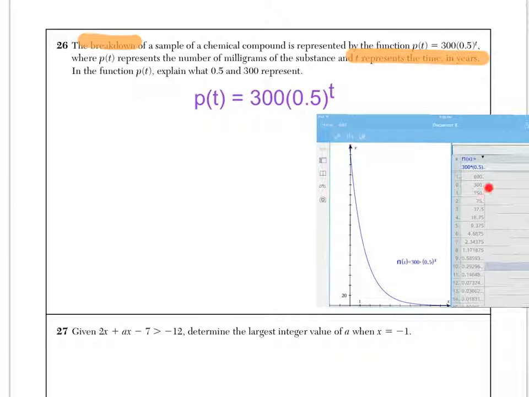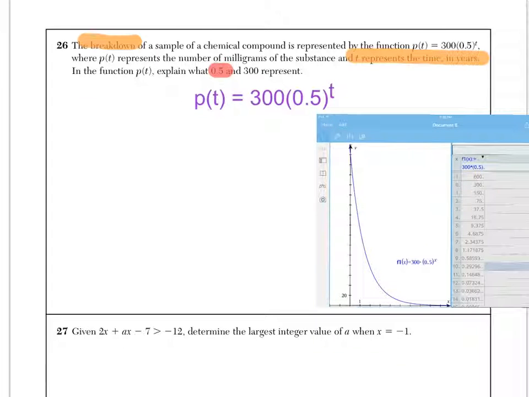To get 150 to become 75, half of that again, and so on and so forth. So as we're working downwards through our y values, we can see that we are taking half of the substance from the year before.